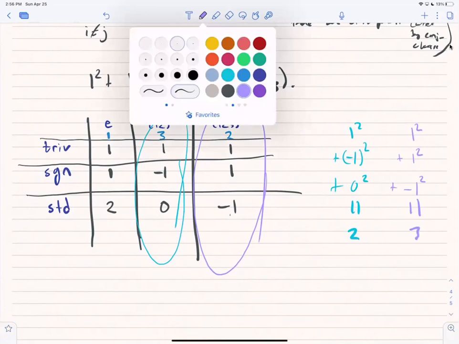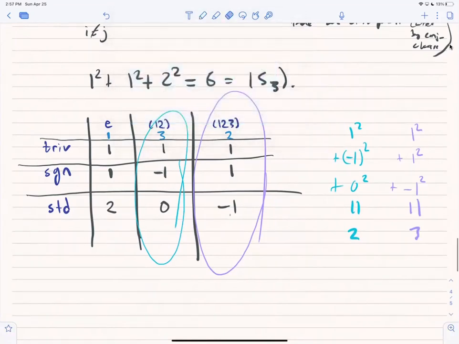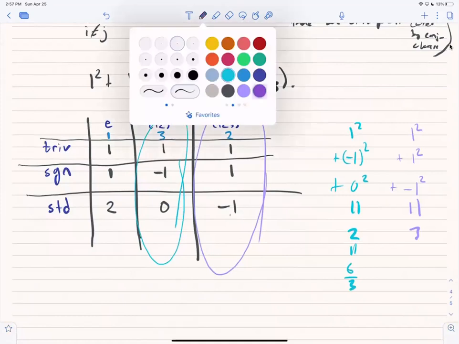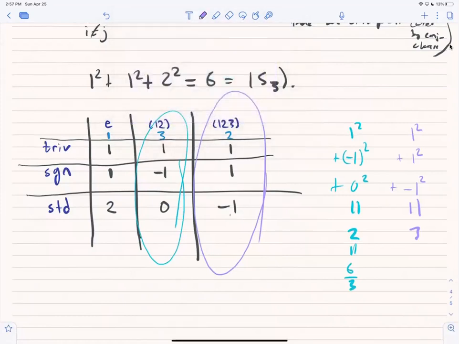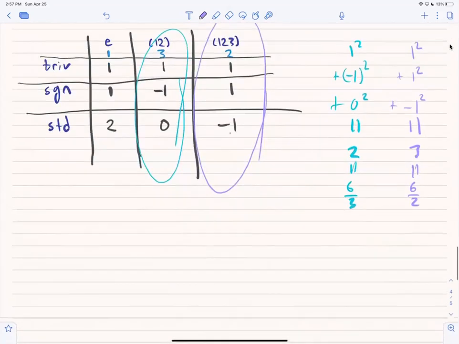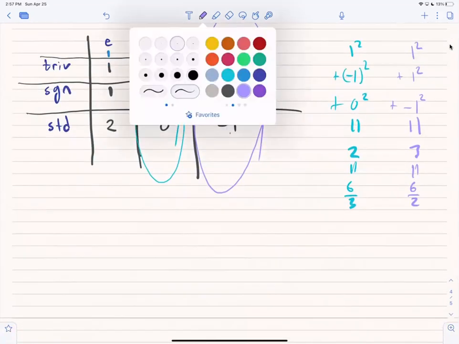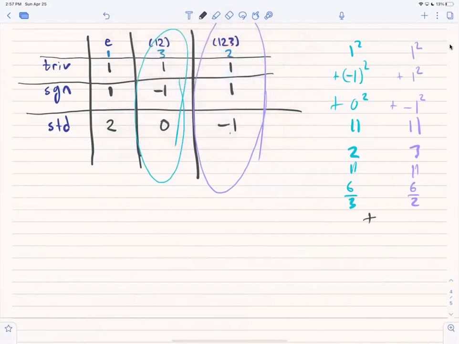And it turns out the commonality is here: this 2 is 6 divided by 3, and this 3 is 6 divided by 2. Both of these are the size of your group divided by the size of the conjugacy class.